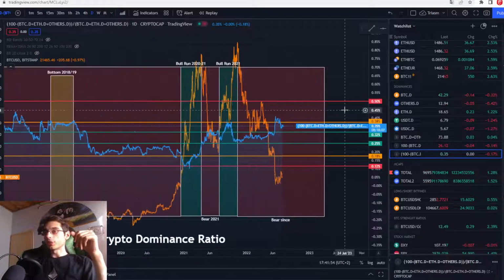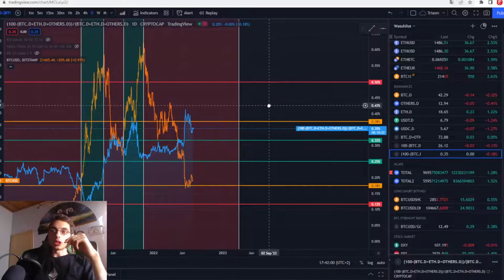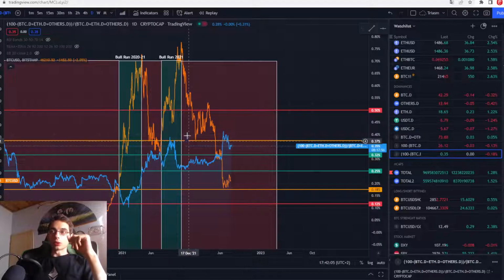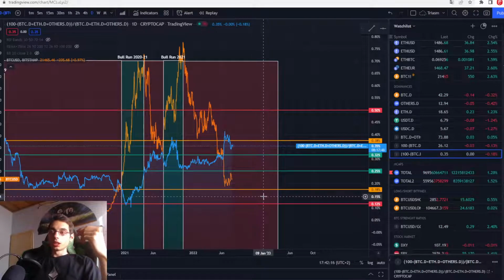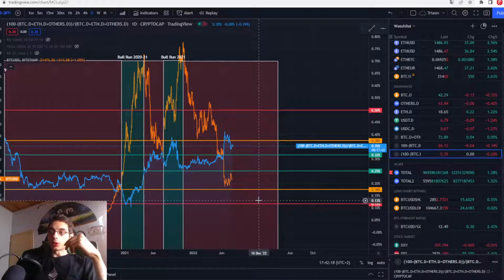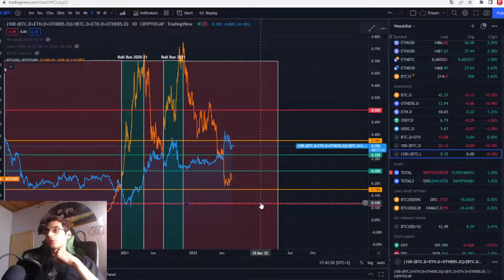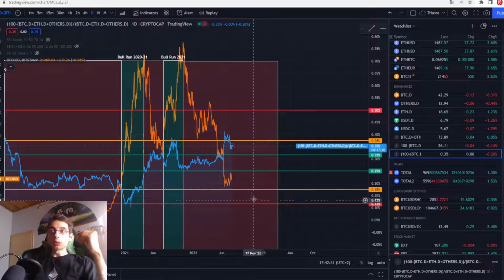So what we are seeing right now, and what we are going to watch, is exactly the opposite of the last cycle: stablecoins losing strength against the crypto assets in general, for a new top to be put in.